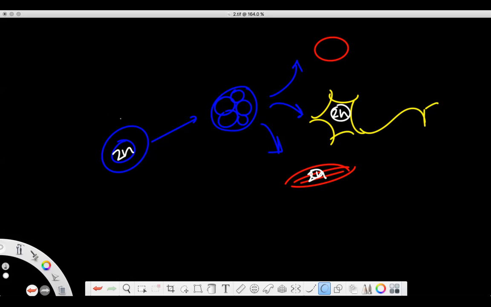Then we have a question: if they have the same genes, and these cells also have the same number of chromosomes and the same genes, why do they behave differently? If their genetic information is exactly the same, what decides these differences?